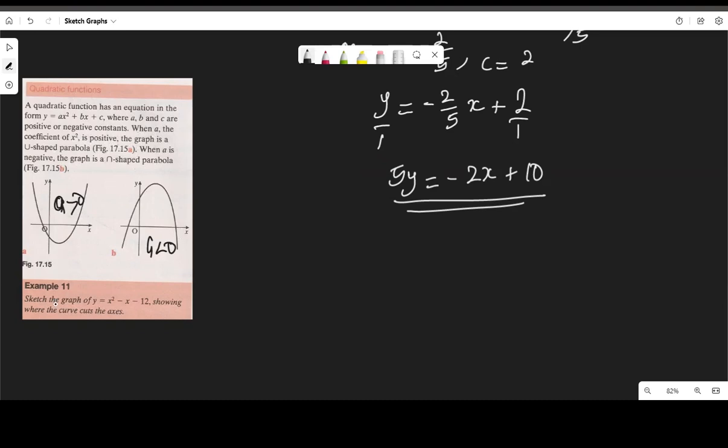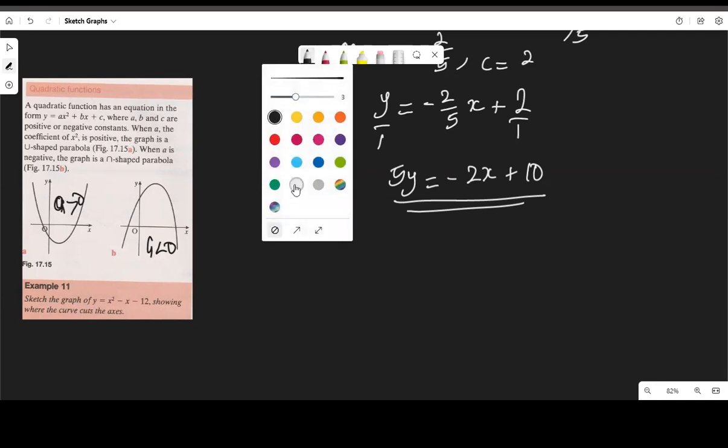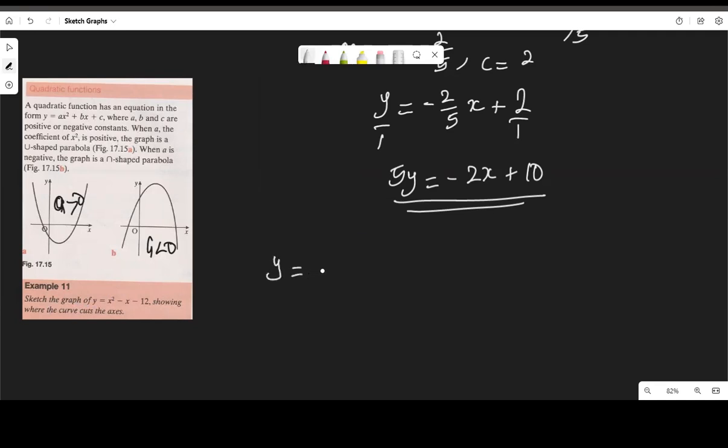So how can we sketch a graph for a quadratic function like this? We have an example here. Sketch the graph of y equal to x squared minus x minus 12, showing where the curve cuts the axis.